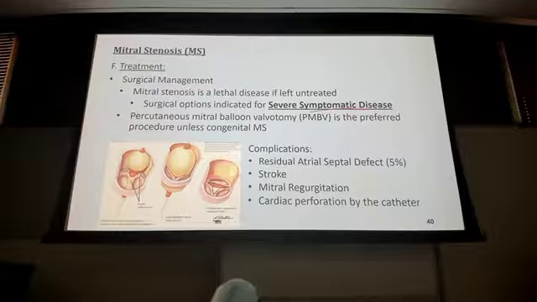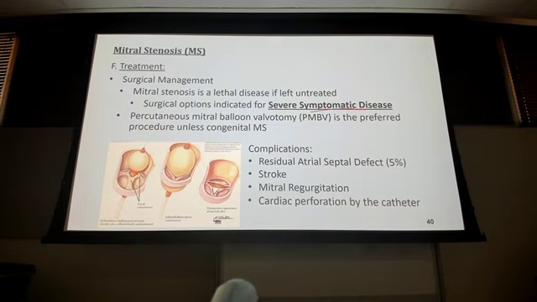The other concern is, if I'm breaking things off of the leaflets with the balloon, what's to say that a calcium chunk, think of it like a kidney stone but in the heart, gets dislodged and sent to the brain? It's going to obstruct blood flow similar to what a blood clot does, so it's going to cause a stroke. The unfortunate thing is, TPA is probably not going to help you, because it's a calcium thing, not a blood thing.